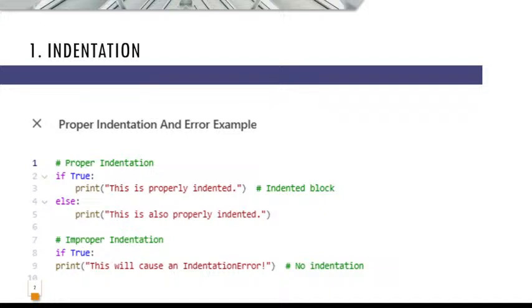In normal language we avoid it and don't give too much care to it, but in programming it's one of the important things to consider. Proper indentation is required while writing any kind of code. So, an example of proper indentation is this.